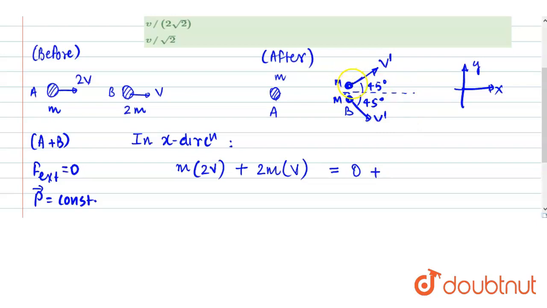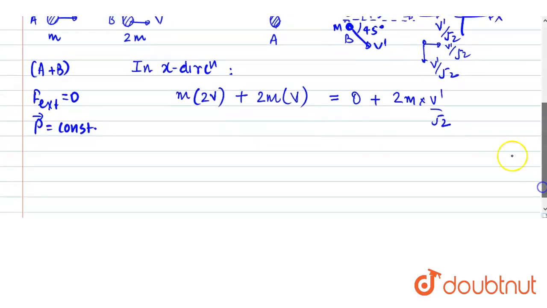Now instead of particle B there are two masses, so they are moving like this, v dash cos 45 and v dash cos 45. Same with the lower mass, so it has v dash cos 45 and v dash cos 45. So momentum in x direction would be m v dash by root 2 plus m v dash by root 2, that is 2m into v dash by root 2.